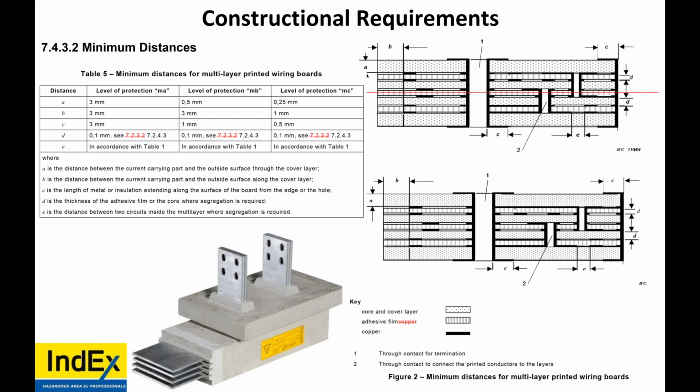Pros and cons of using EXM over EXQ. Well, EXQ, I'm forgetting the maximum voltage, but EXM can be used in a zone 0. EXM, the encapsulant isn't going to leak out. EXQ, if it cracks open, the sand will leak out.